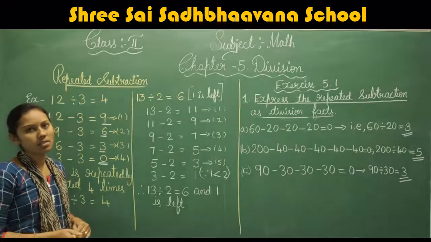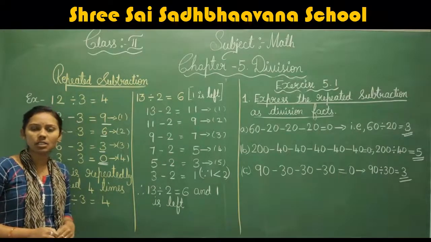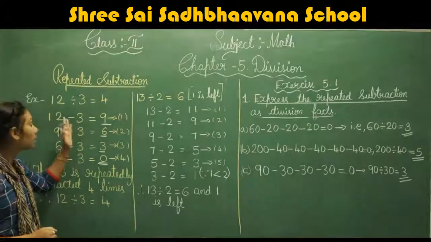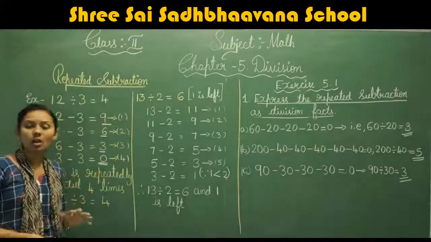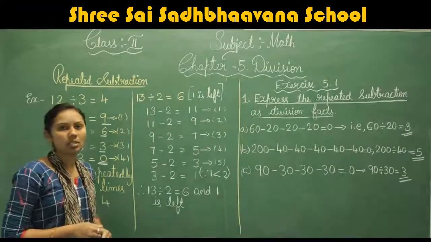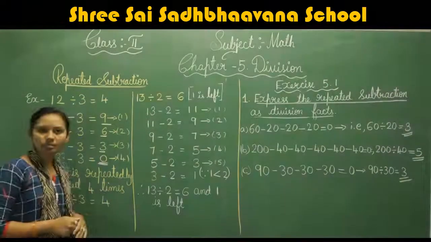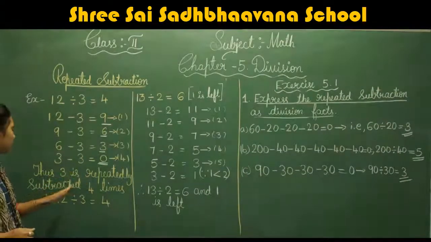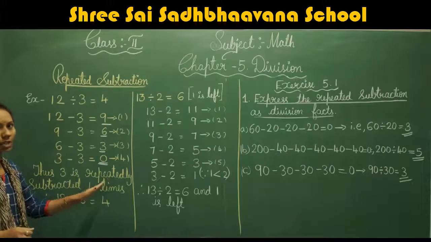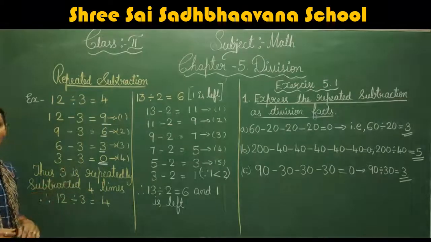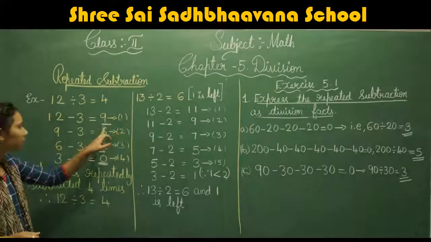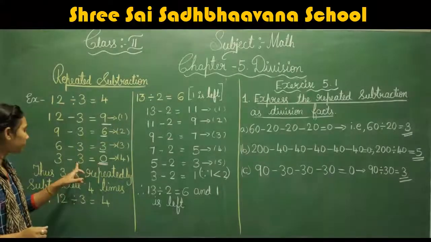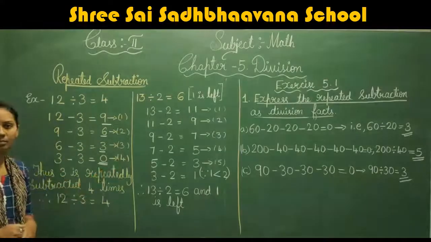Which number is subtracted repeatedly, children, here? Yes, 3 is the number. 3 is the same number which we repeatedly subtracted from 12. Got it? Now, how many times has it been subtracted? 1 time, 2 times, 3 times, 4 times.